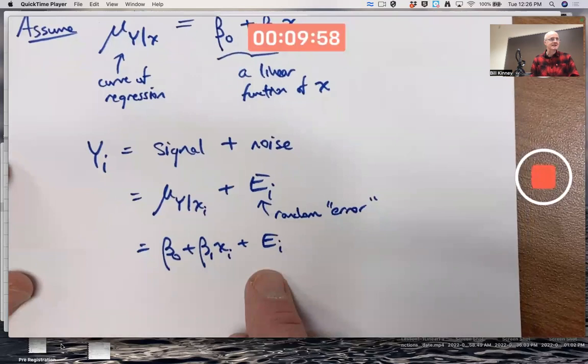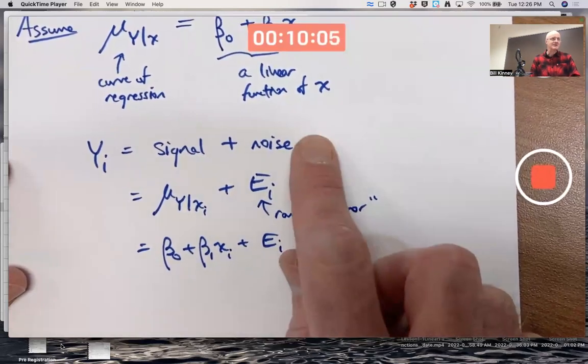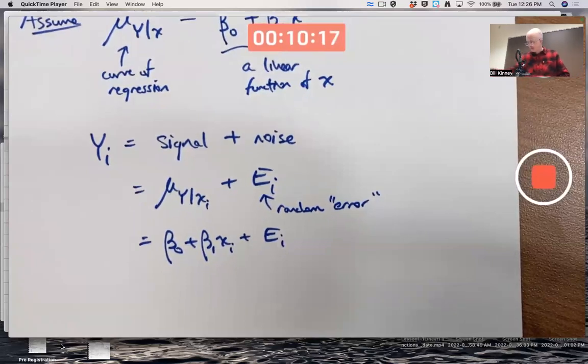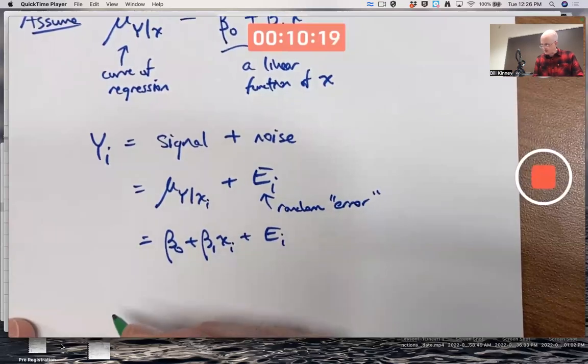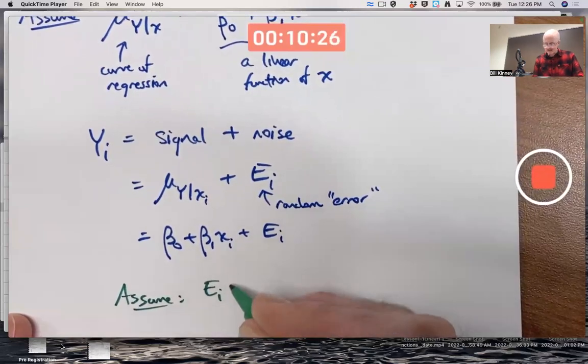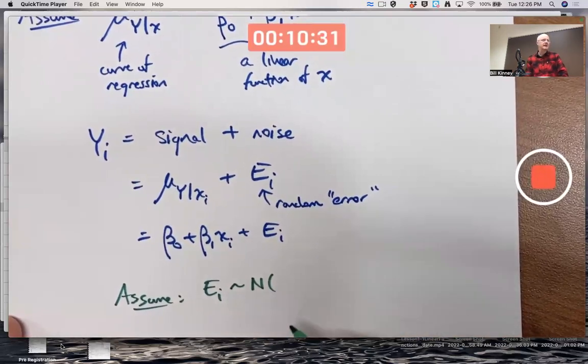So part of the model is the assumption that mu is a linear function of x. Another part of the model is assumptions about these e's, these errors, this noise, or maybe you could call it static. There are random errors, you might say, that come in because of randomness in real life. We're going to assume also that each of these e sub i's is normally distributed with a certain mean and a certain variance.